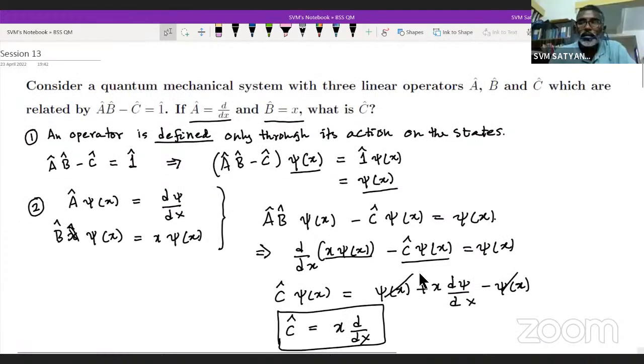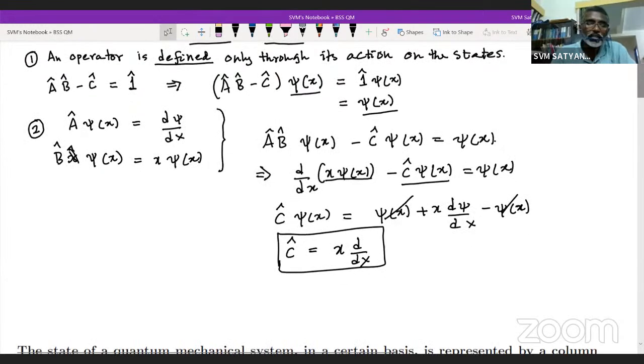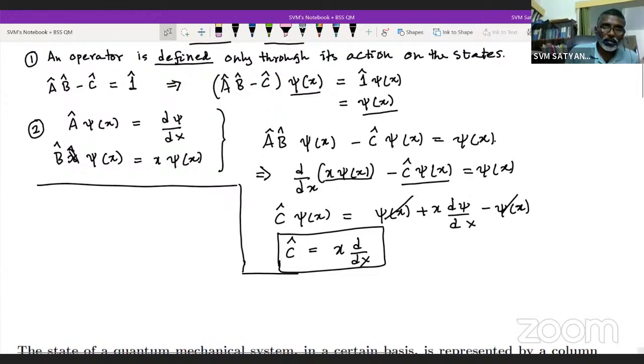Okay. Now, we have this interesting relation in quantum mechanics, namely, the commutator of x operator and p operator is equal to i h cross.